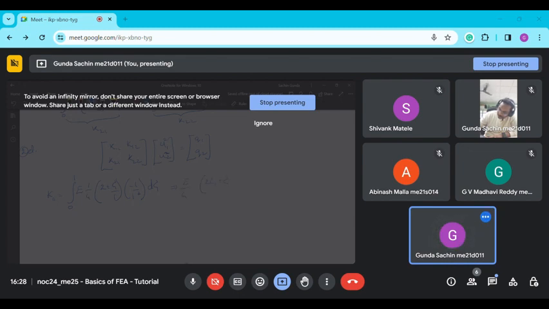Here zeta L is 1, so E by 4 times 2 zeta plus zeta squared, from 0 to 1, sorry, it's plus 1.